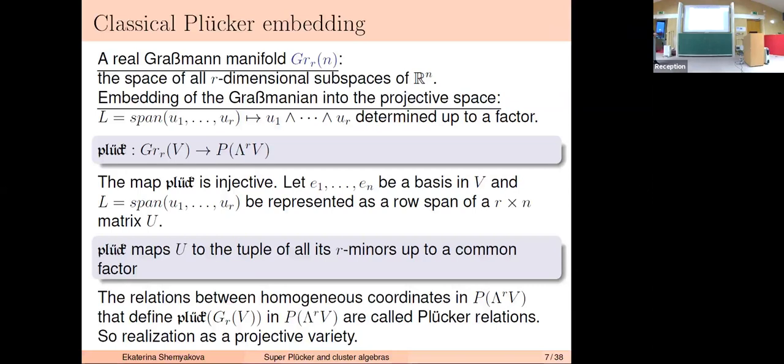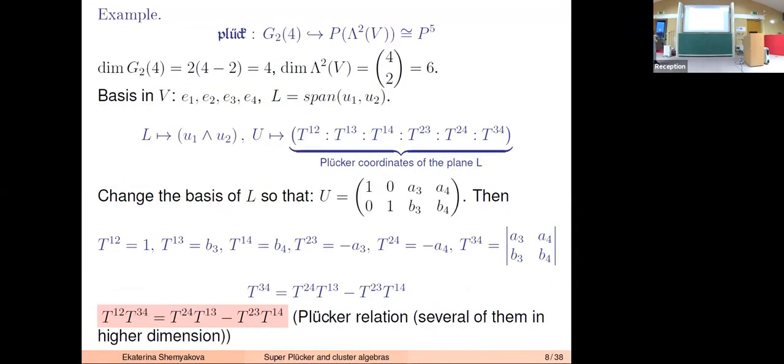I certainly see talks on it. Okay, so here's a specific example. Let's consider the classical Grassmannian Gr(2,4).